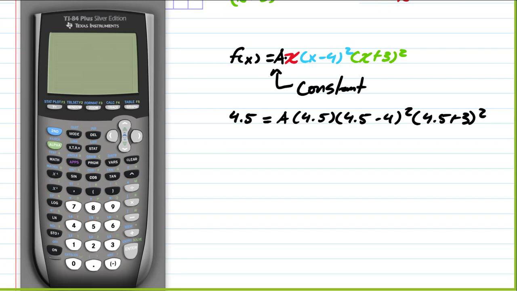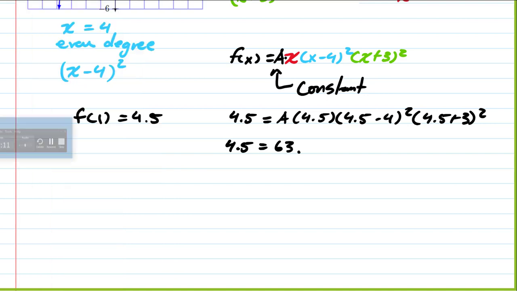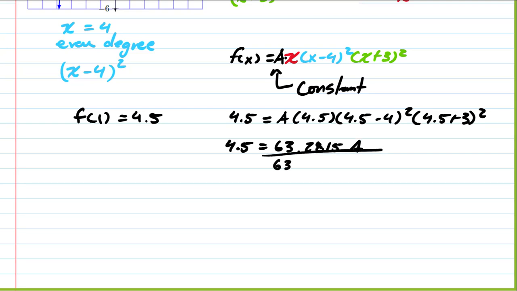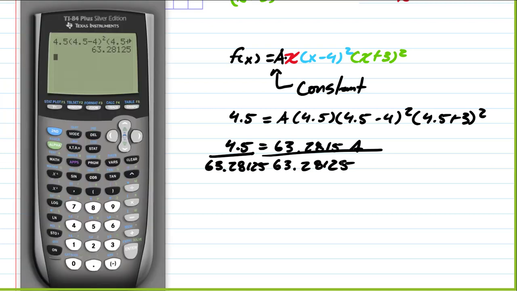Multiplying all that out on our calculator, that's going to give us 4.5 is equal to 63.28125 times a.